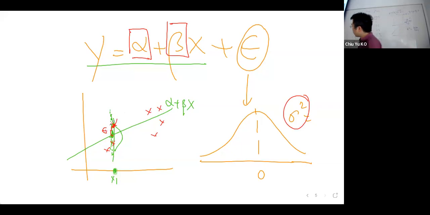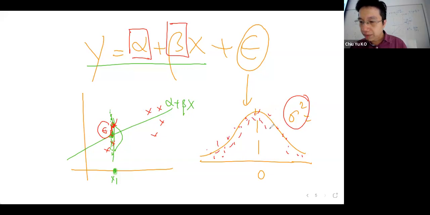If this follows a normal, by drawing different epsilon, it depends on how it is realized on the bell. So suppose I change this sigma. Suppose this is epsilon, and I fix alpha and beta. I just do the simple case: alpha and beta are well known. What we need to find is this sigma square.